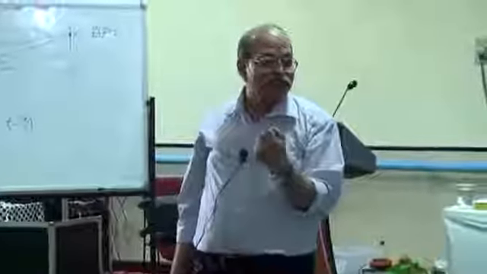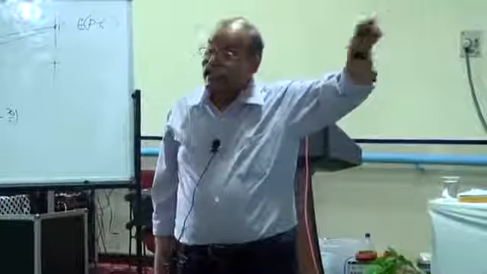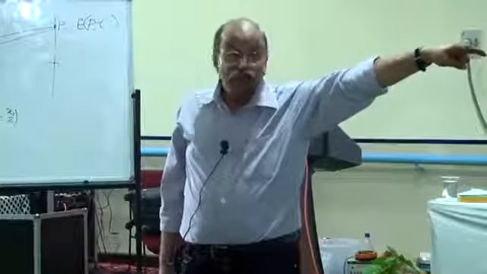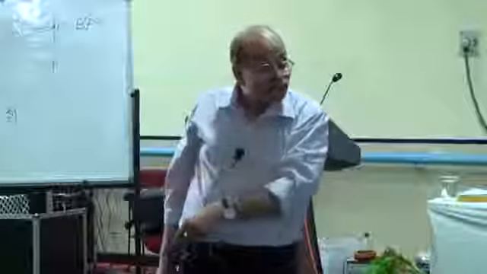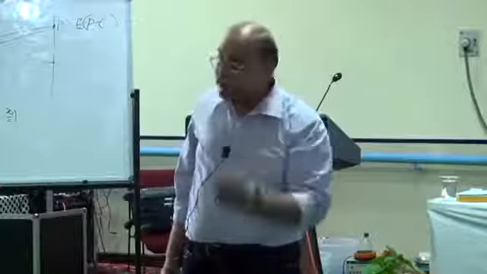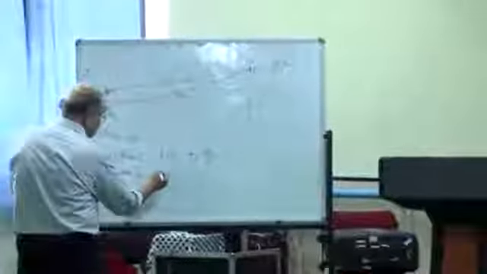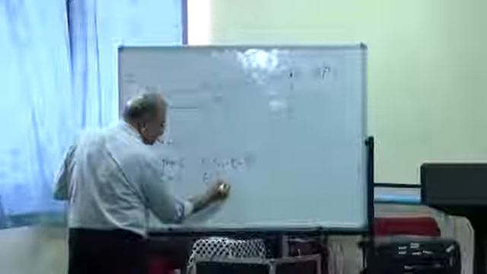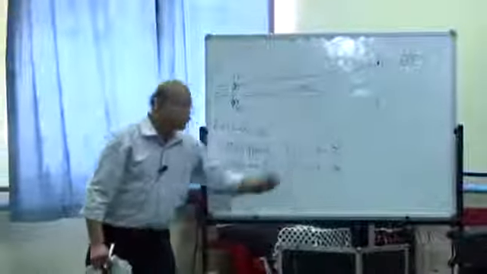At time t, what is the electric field coming from S2? The electric field at P at time t originated from S2 at a time t minus x2 by c. So this is equal to the electric field at S2 at time t minus x2 by c. Now these two are at different times.